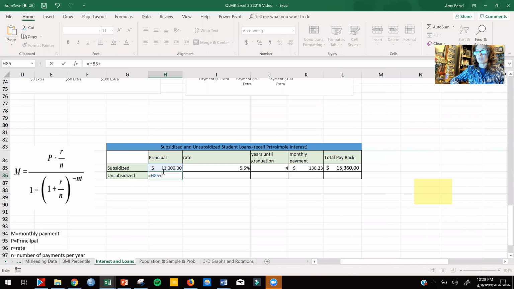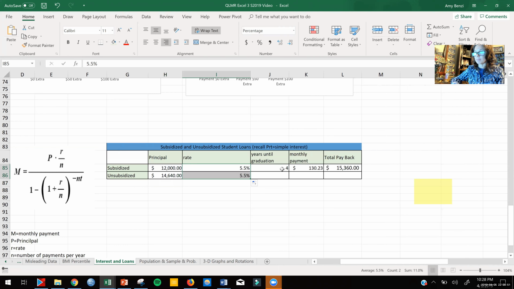So now you have your principal, and then you add again your principal times your rate times the 4 years. Now look, you're actually borrowing $14,000 because you did not get a subsidized loan. That means you had to pay the interest while you were still in school. So our rate stays the same, our years till graduation stay the same, and our monthly payments are going to change.